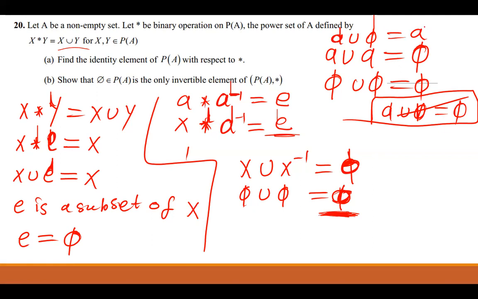So the only way you can have the empty set as the answer after finding the union between two sets is when both sets are empty sets. That's the only time you can have the empty set as the answer. So in other words, this is the only invertible element in this operation.